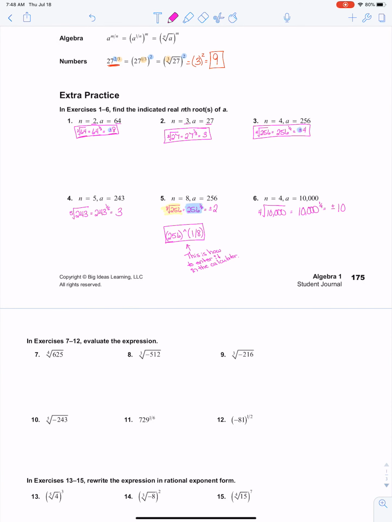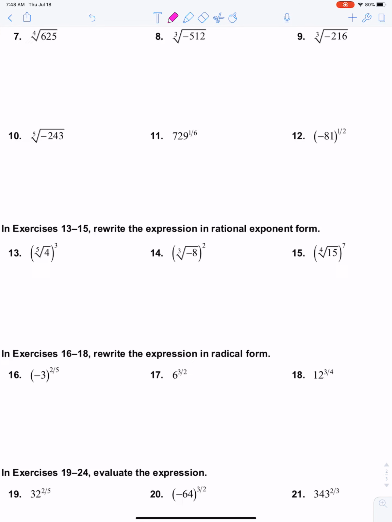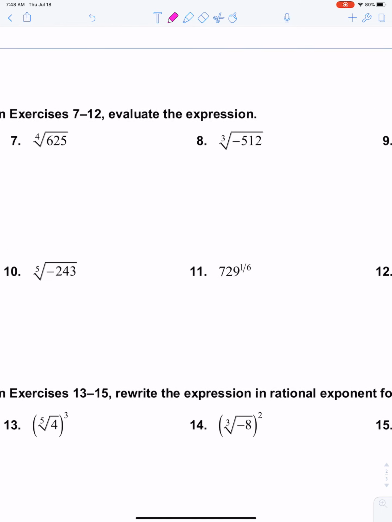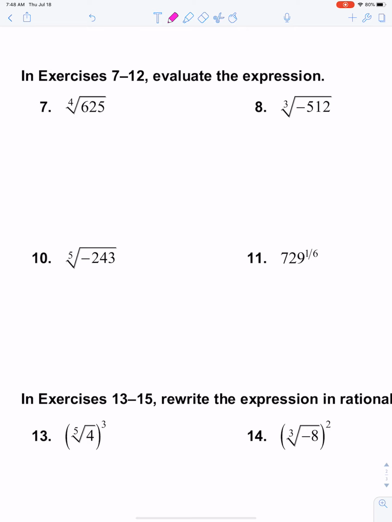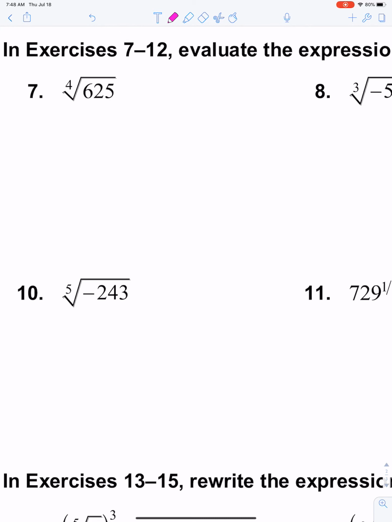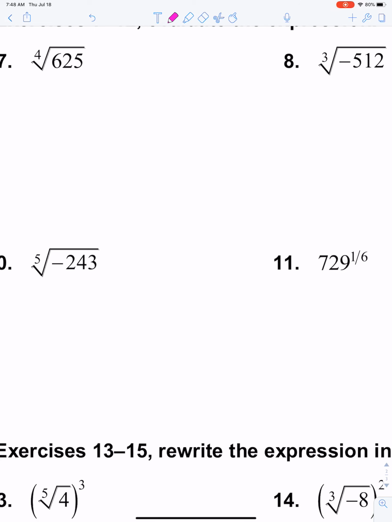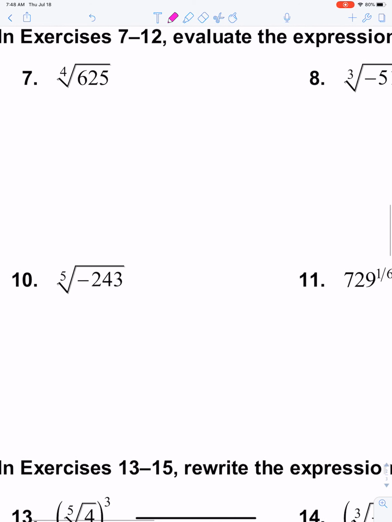All right. So, they want us to evaluate the expression. I still want you to write it, if you can, in the other form. So if it's in radical form, we're going to write it as a fractional exponent; if it's a fractional exponent, we'll write it as a radical.